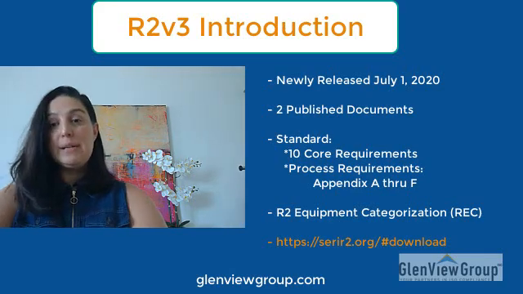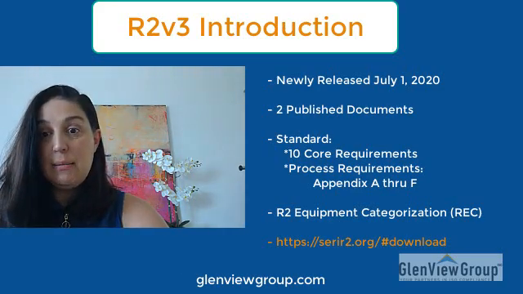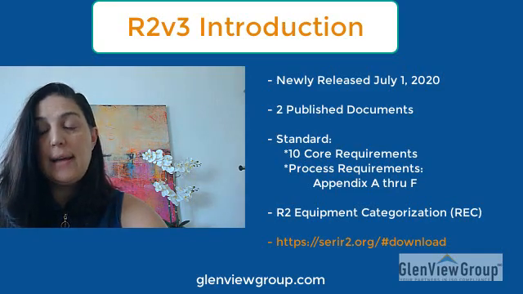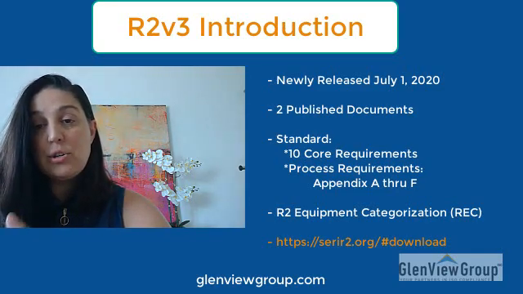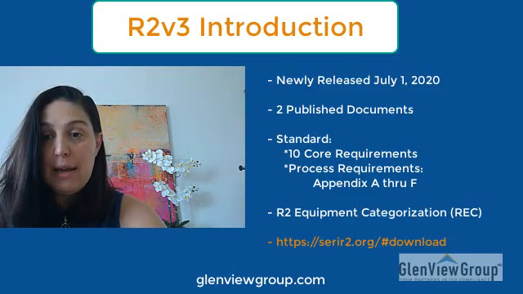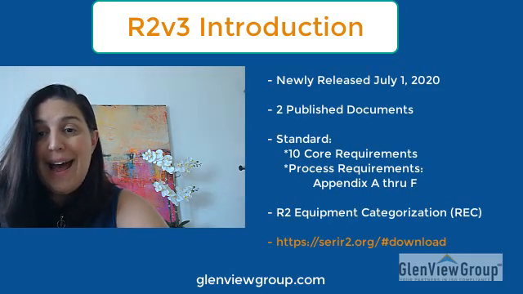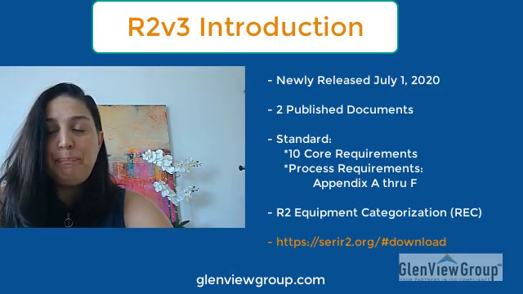Now there is also a second standard, a second document, that needs to be taken into consideration and applied when you are transitioning your R2 certification to R2v3, and that document is called R2 Equipment Categorization.